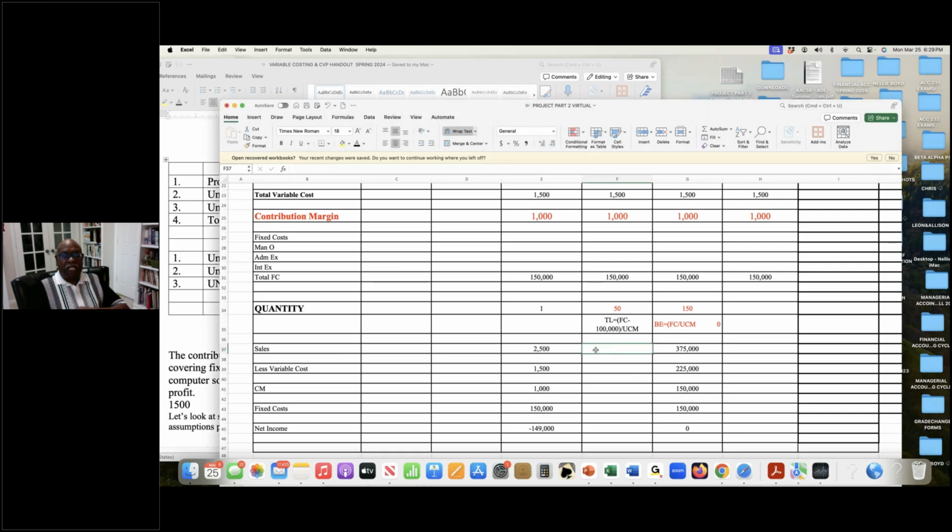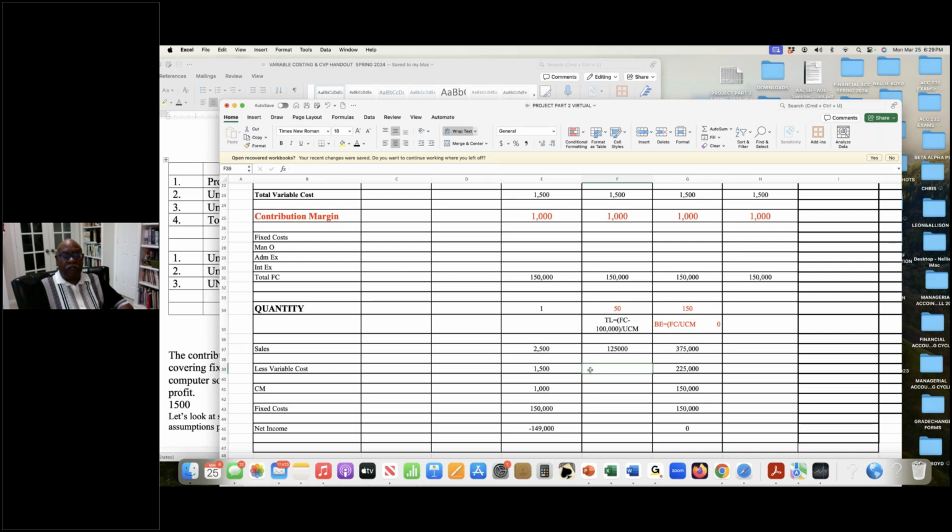So we know the sales are going to equal the 50 times the 2,500, which is 125,000.